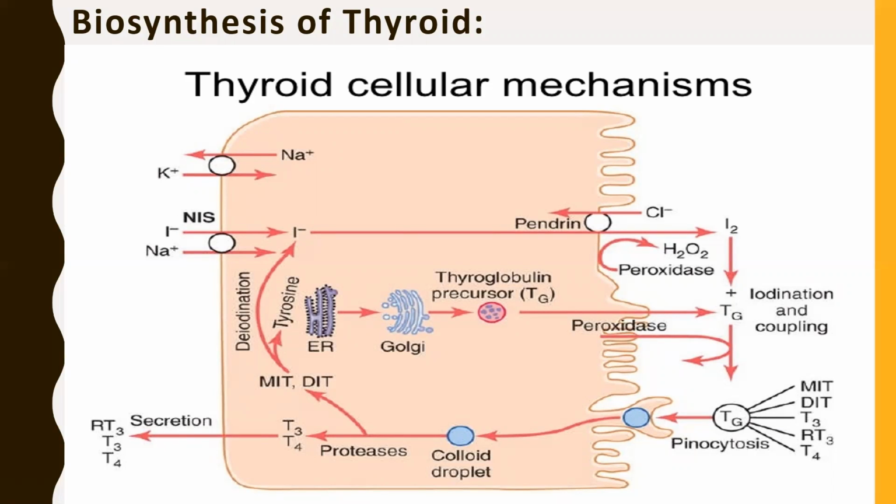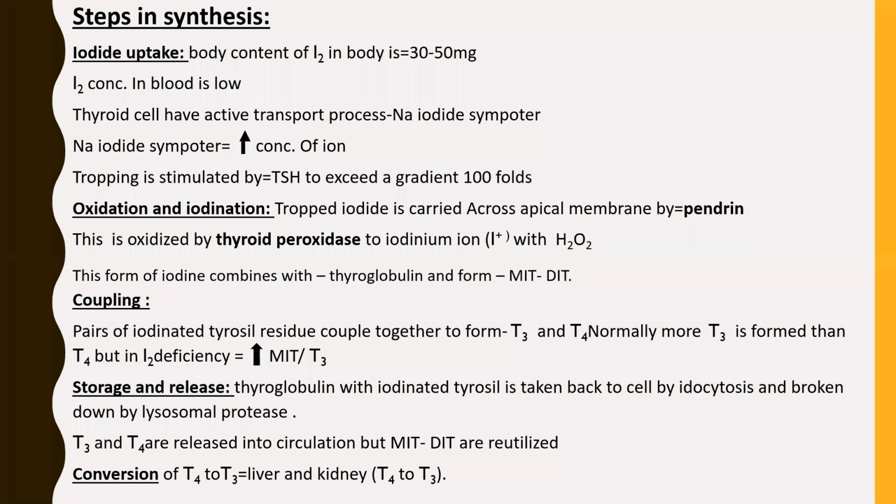Iodide concentration in blood is low. Thyroid cells have an active transport process, the sodium iodide symporter, which increases the concentration of ions. Trapping is stimulated by thyroid stimulating hormone to exceed a gradient of 100 folds.